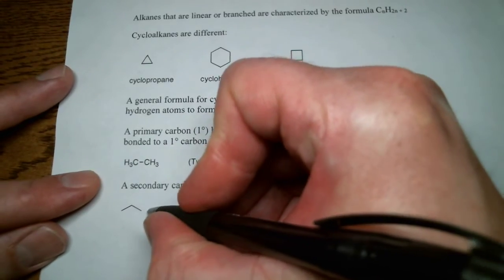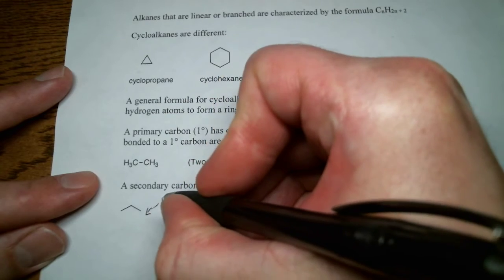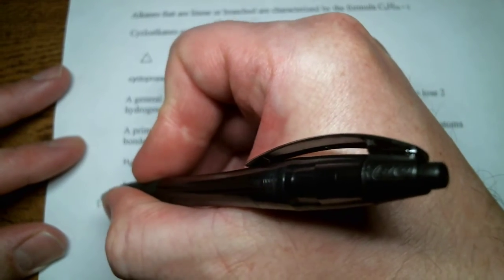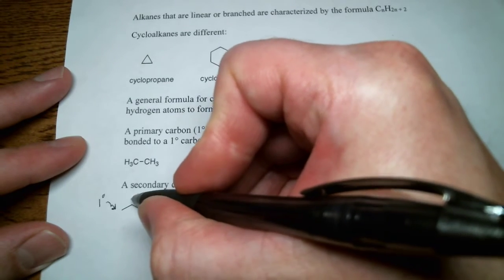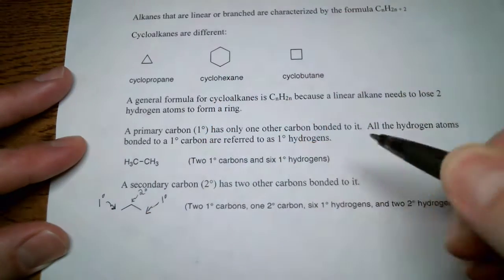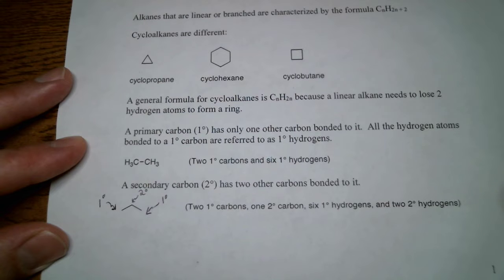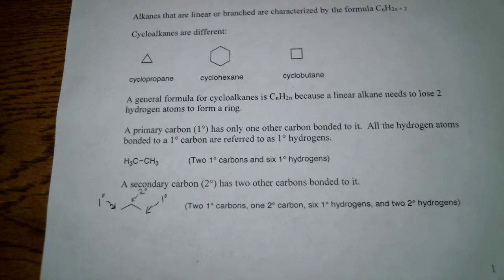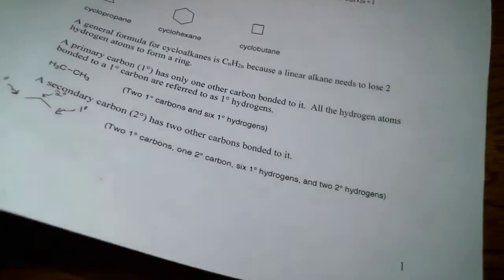We can go ahead and point these out. That's the primary carbon right there. That's another primary carbon. This is the one that's the secondary carbon. So hopefully that's clear for this particular molecule. So we'll continue on.